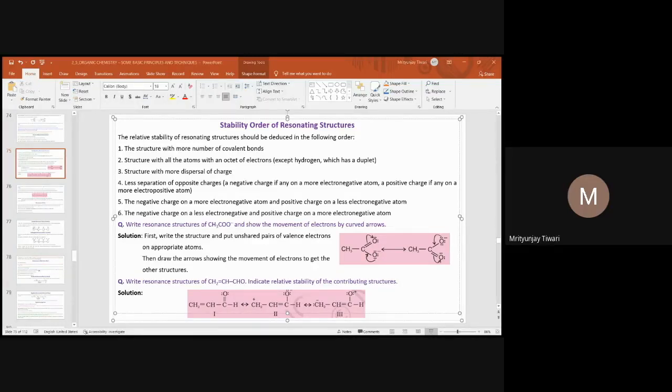What does it mean? The p orbital of this nitrogen and this carbon atom are now interacting with each other, and we see there is a double bond between this nitrogen and this carbon atom. But as the p orbital of this carbon atom is now interacting with this nitrogen atom, it will not be able to interact with the other one, so this bond will be broken.